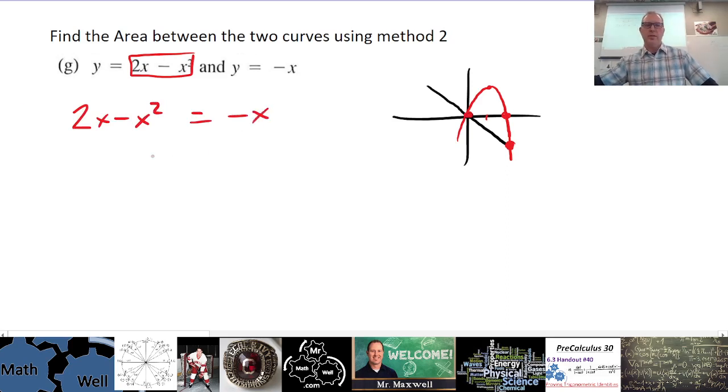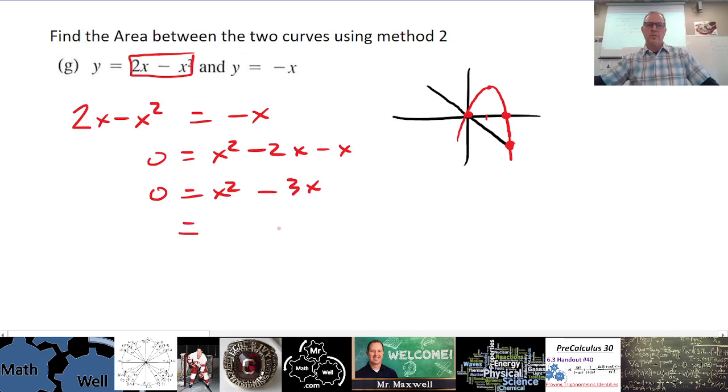So that's going to be 0 equals x squared minus 3x. The solutions are going to be x and x minus 3. So it's going to be at x equals 0 for this factor and x equals positive 3 for this factor.